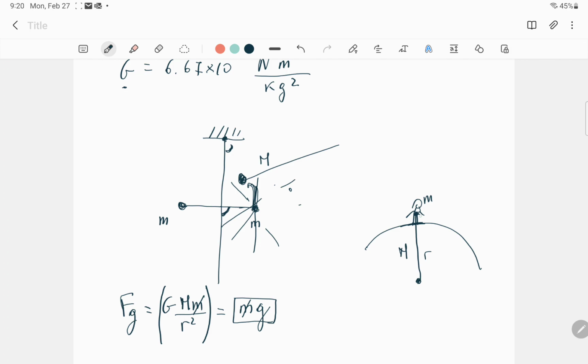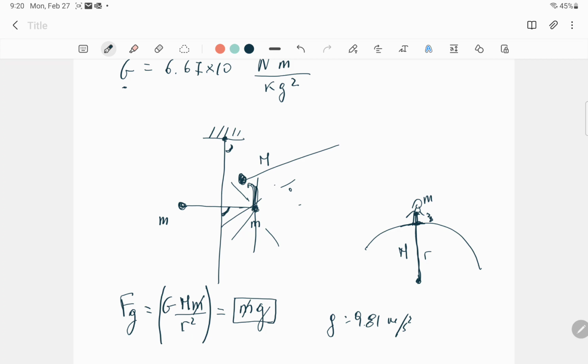So this distance here becomes not significant at all. So this could be just the radius of the Earth. At this point, because of G, because of M, and because of r, you can calculate the little g, which is 9.81 meters per second squared. That is the value that we know about.